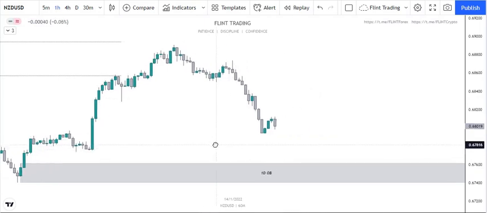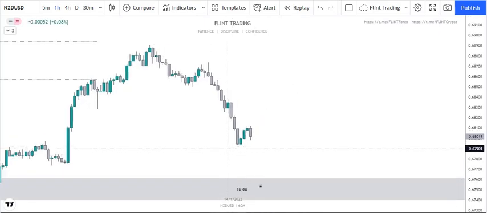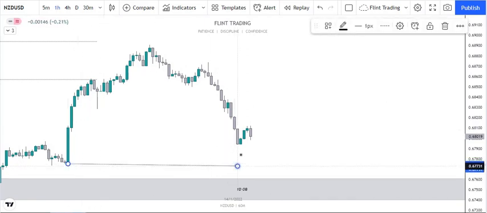So it's really not ideal to go long from here. Rather, it's better to wait for price to give more indication and be more conservative. It's better to go from this zone. To me, this zone is more like a liquidity zone.